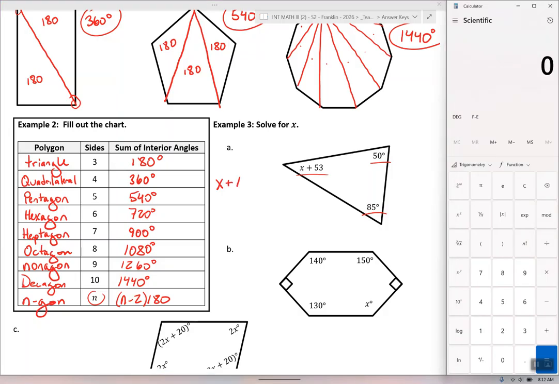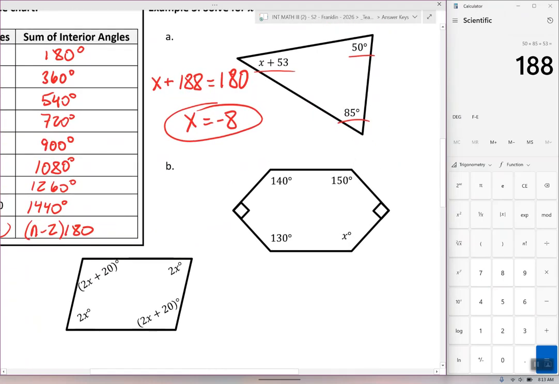That's not right. I had my previous number in there. 50 plus 85 plus 53, 188 is a much more reasonable number. Now that should add up to 180 degrees. That's how many degrees are in a triangle. So now we just solve this equation. Subtract 188, and we get x equals -8.